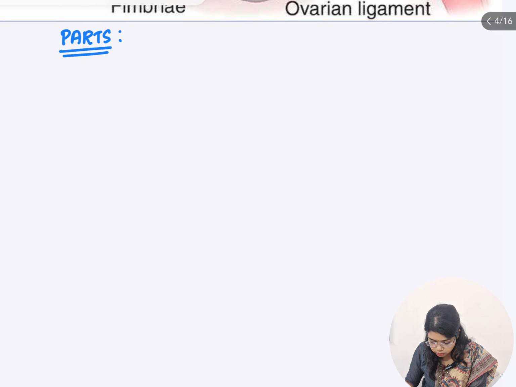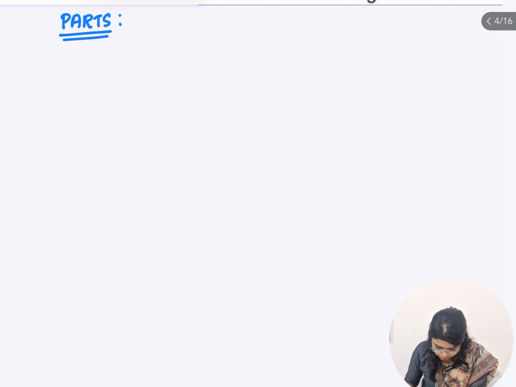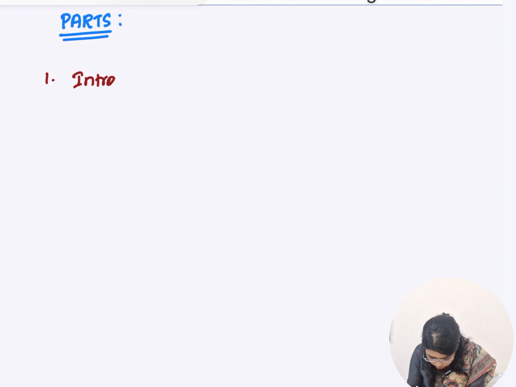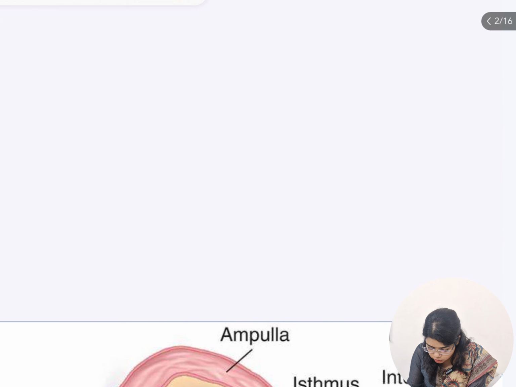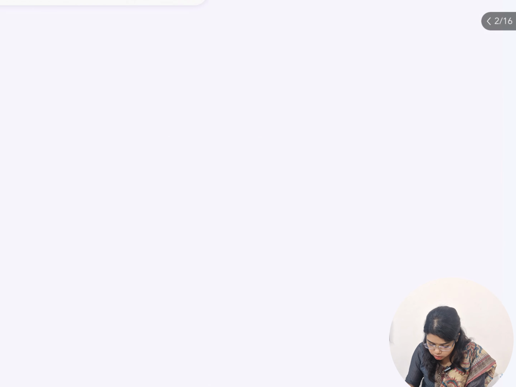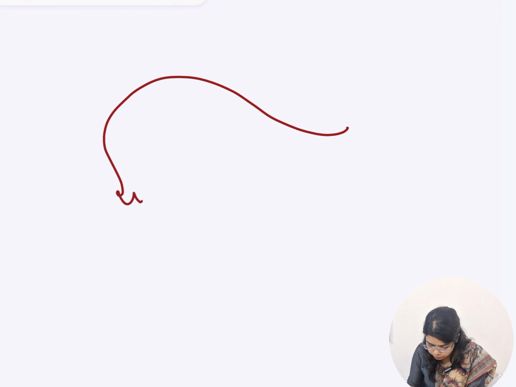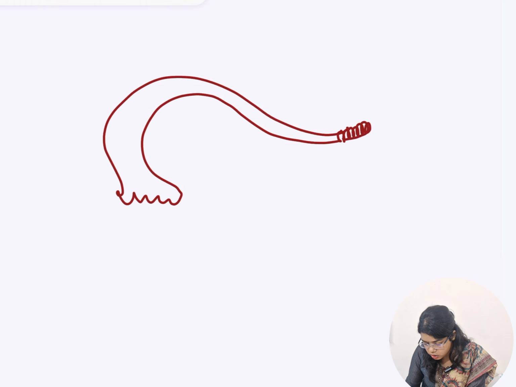So let's write it down. Parts. First is intramural or interstitial. Interstitial part. I can draw the interstitial part like this.